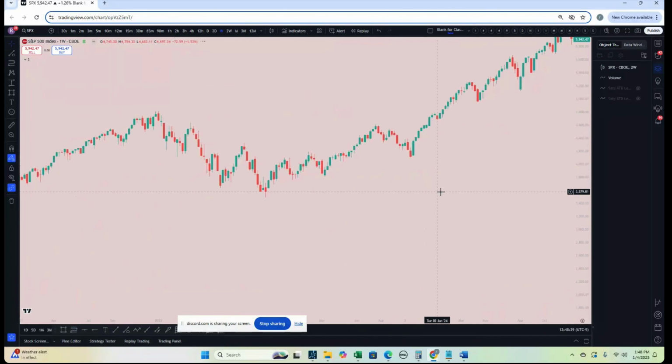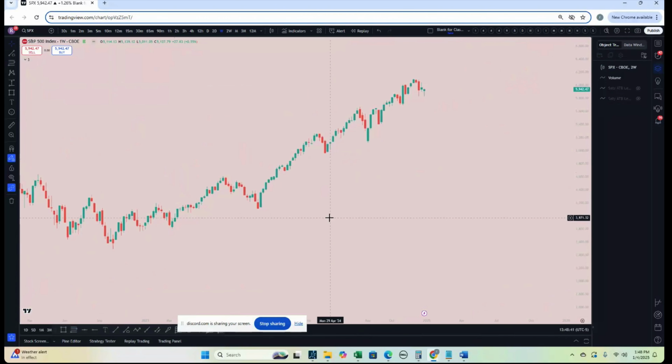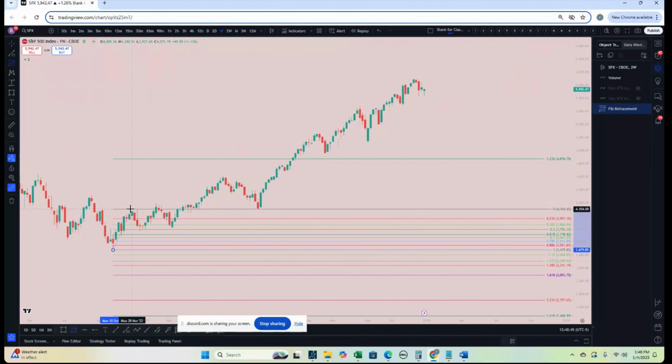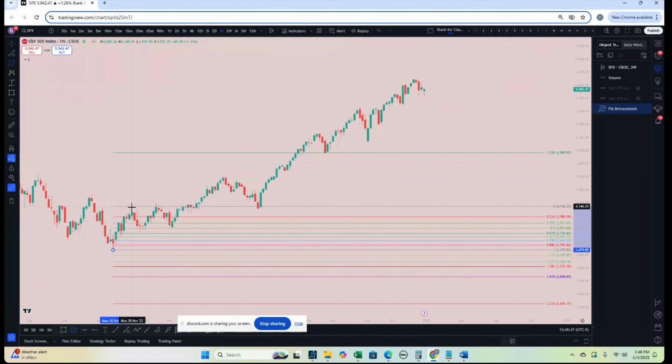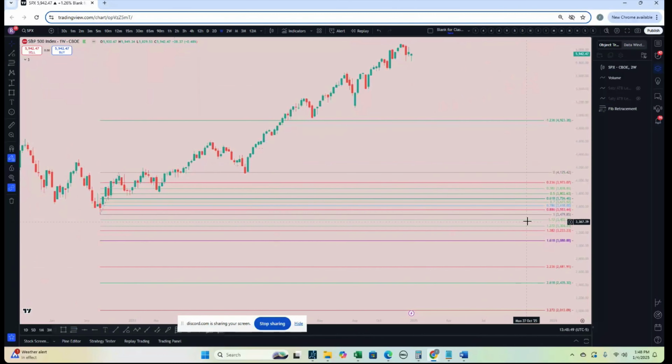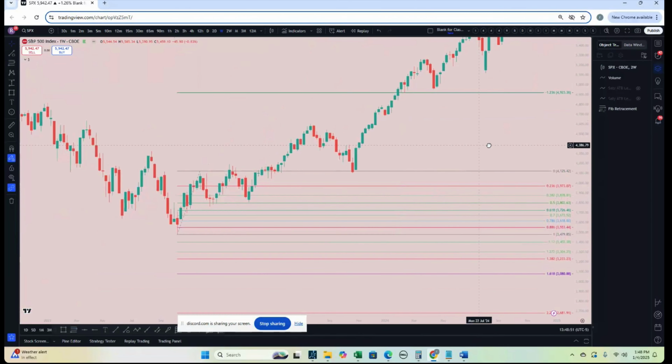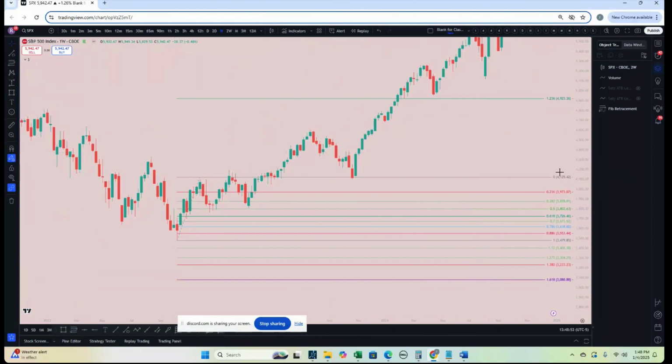Okay, so fib 101, right? Uptrend. When you're fibbing from a swing low to a swing high, if you want us to continue to go up, what you're looking for is for us to basically retrace in this area, 0.5 to 0.236.